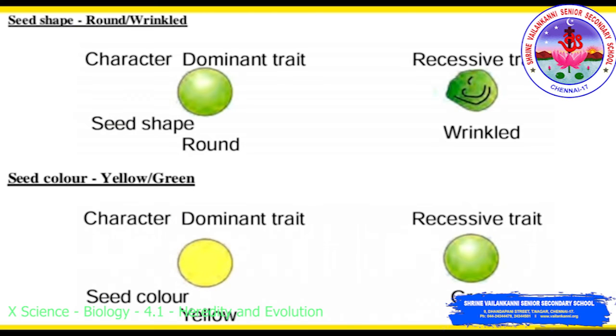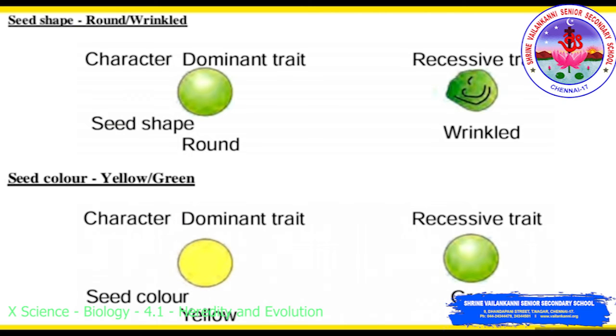A dominant trait is the character that appears in the first generation, the filial generation. The recessive trait, which we call recessive genes or hidden genes, can be carried in a generation but is hidden in the F1 generation and exhibited in the F2 generation.